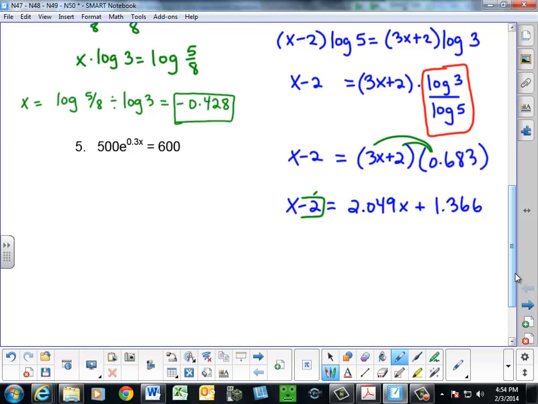So we can do plus 2 over to the right side, and we can do minus 2.049x to the left. To make your subtraction easier, remember there's a 1 in front of x.